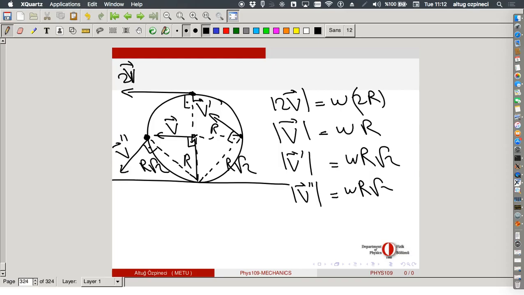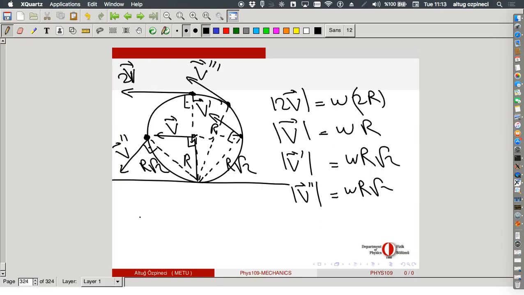So we have this rigid body. The velocities at any point, well, here we just took three representative points, but if you repeat the exercise for an arbitrary point over here, let's say, you will see that the velocity of that point will be perpendicular to the line connecting that point to the bottom. The velocity over here will be perpendicular to this line.